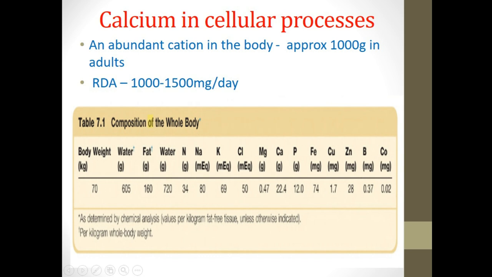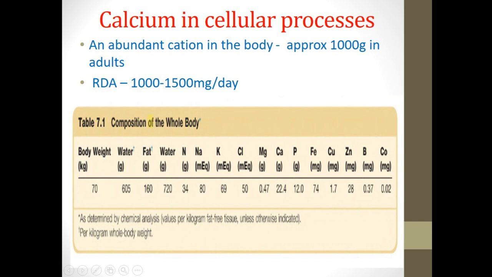Now if you see this table, it gives you a bird's eye view of the composition of these minerals and some of the essential components present in our whole body. You can start from one end. Body weight: suppose we are taking a person with 70 kg body weight. In that person, it is determined by chemical analysis, and the values per kilogram of fat-free tissue are calculated.